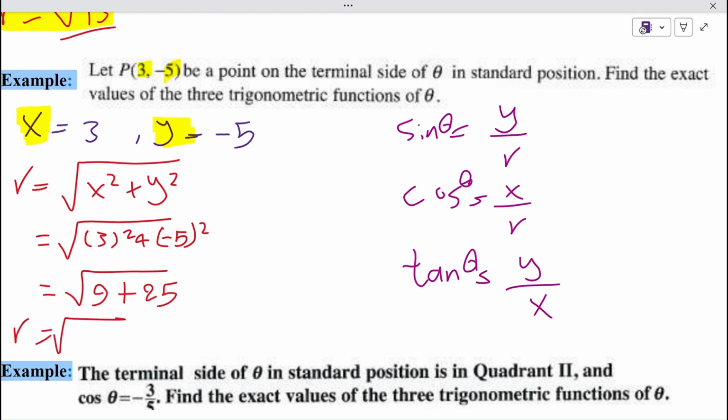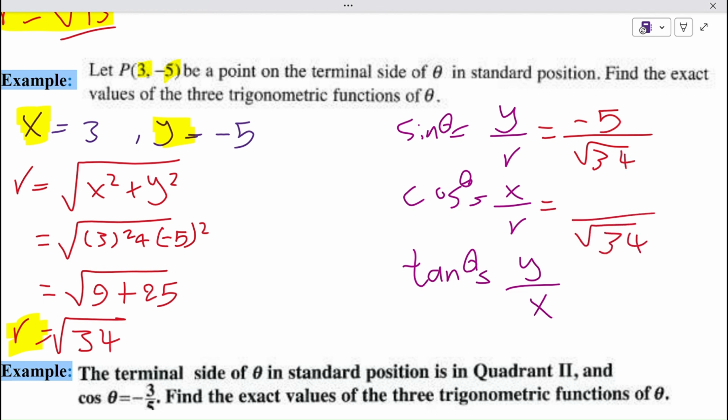This is r, guys. And this is x, this is y. Just substitute in this rule. Where's y? Y is -5, and the square root of 34 is our r. Again, x is 3, and tangent is y, -5, over x, 3. This is really easy, guys.